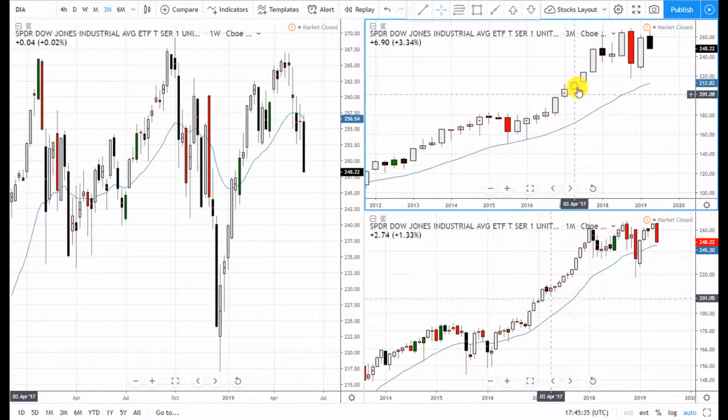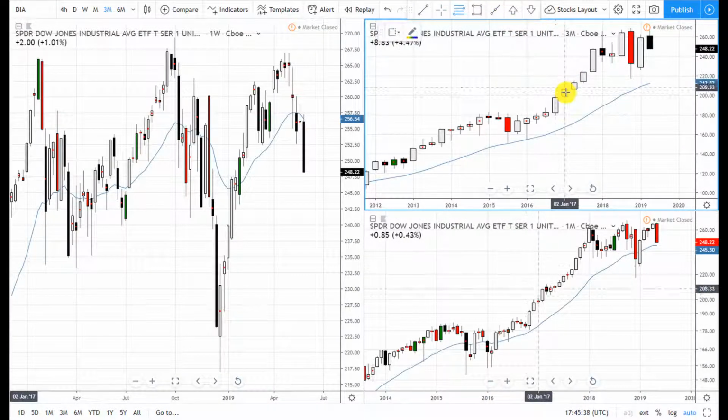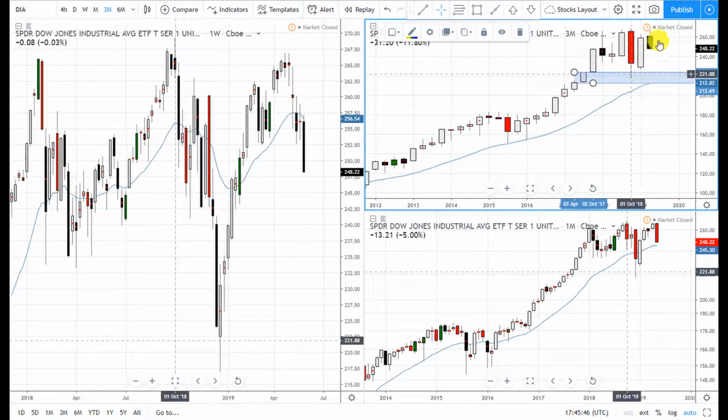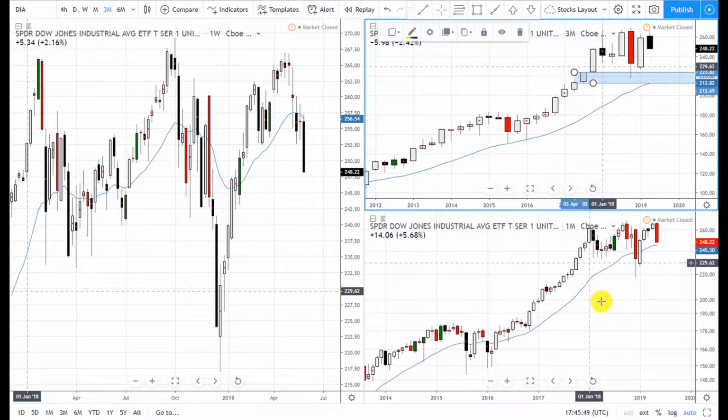So we can see that there's a demand zone right here. It touched that demand zone, then it rallied up again.